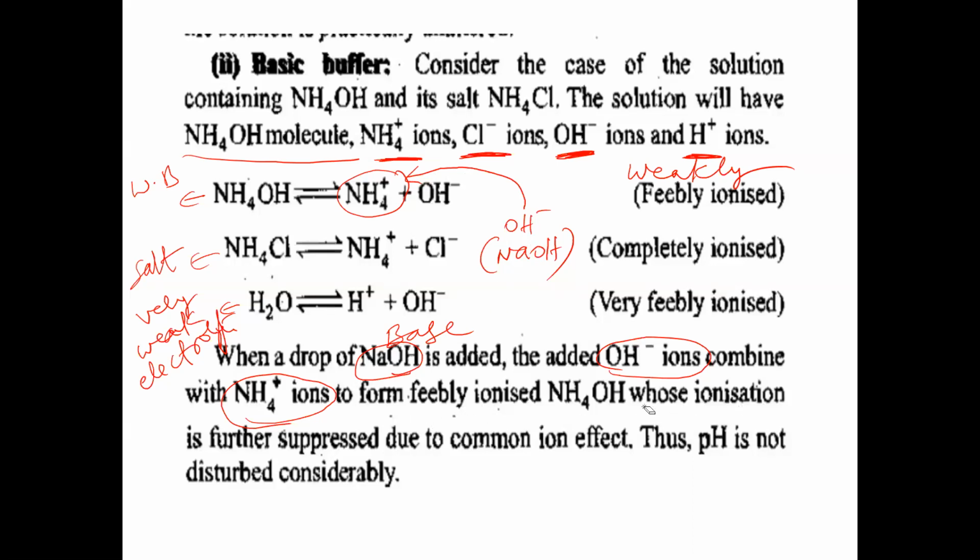Thus pH is not disturbed considerably. Very slightly it changes, but no considerable change in pH value. So when we add a little base to the acidic buffer or basic buffer, the pH changes only very slightly. Take the screenshot now.